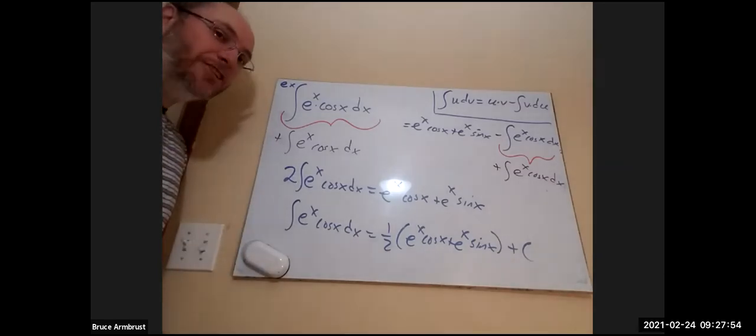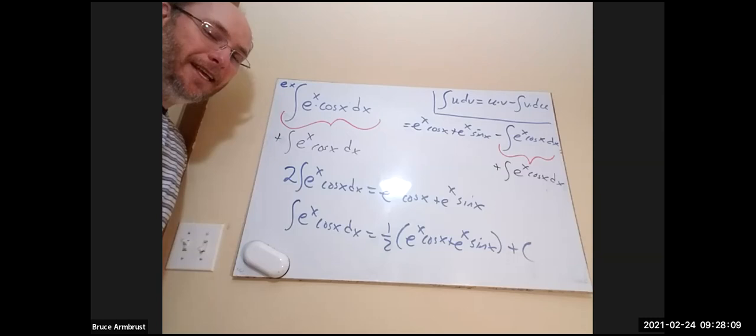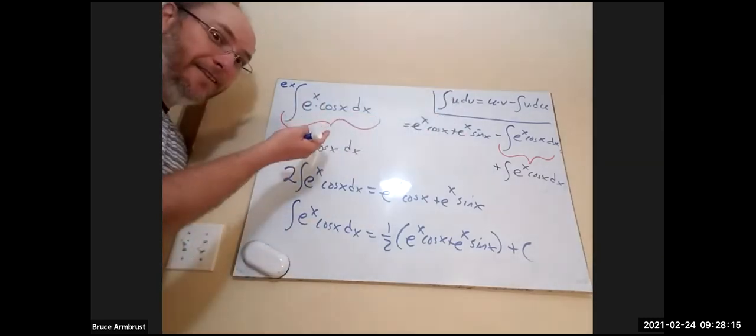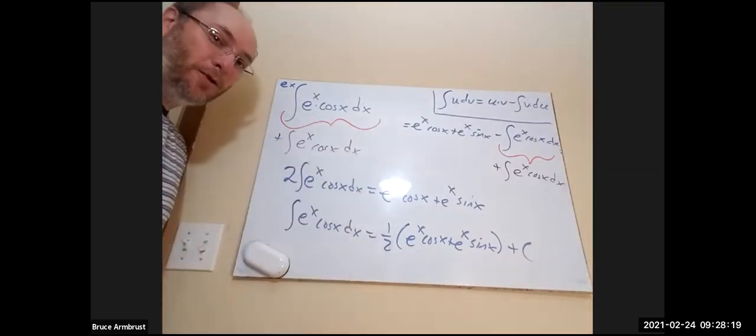If, as you're going, you run into the same integral that you started with, that's not a bad thing. That's actually a really good thing, because then you can just do some algebra to get your answer. You can move that integral that you just got onto the other side and then work your way there.